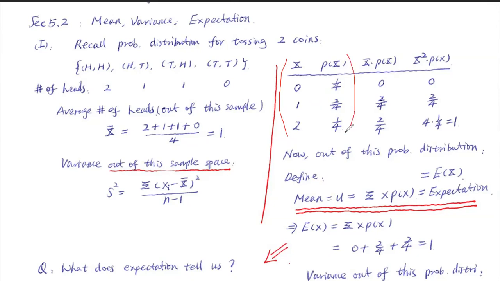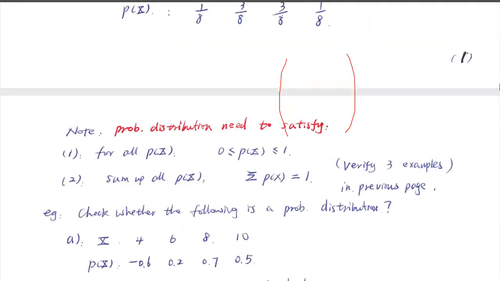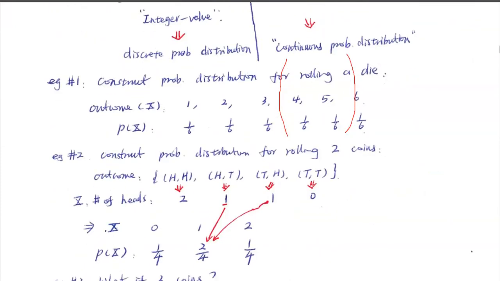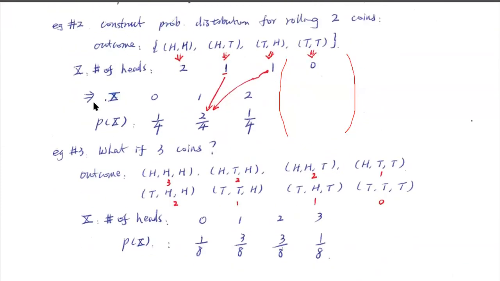If you remember, that is actually coming from the table we just learned. Let's go back. Remember, here's X, here's P(X). What we did is we switched the table from this one here. Previously, we had X horizontal, and we put X as 0, 1, 2 with the corresponding probabilities 1 over 4, 2 over 4, and 1 over 4.